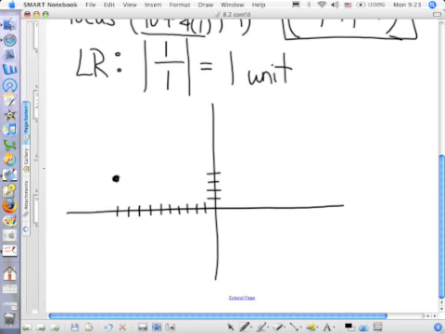My focus, we said, was at -9 3/4, which is really, really close to this. And my LR is 1 unit long, which means I'm going to go half a unit up and half a unit down. All right. Now, this doesn't give me a whole lot of information for my parabola, does it? Sure doesn't.